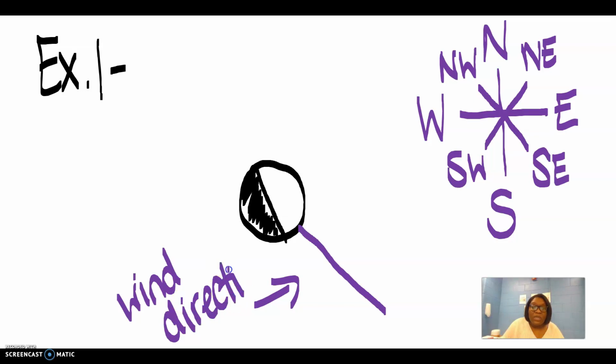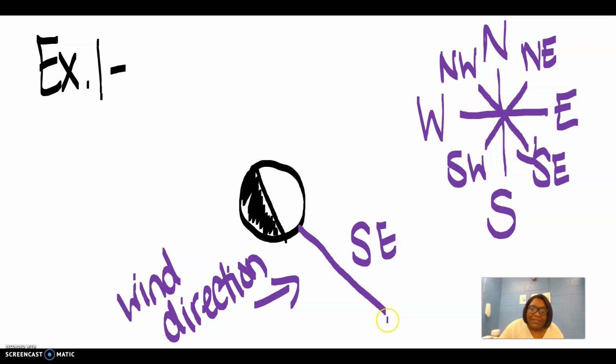Whatever direction that bar is going in, that's the direction the wind is blowing from. So in this case, the wind is blowing southeast. You notice how this is going down, just like this part is going down? Southeast.